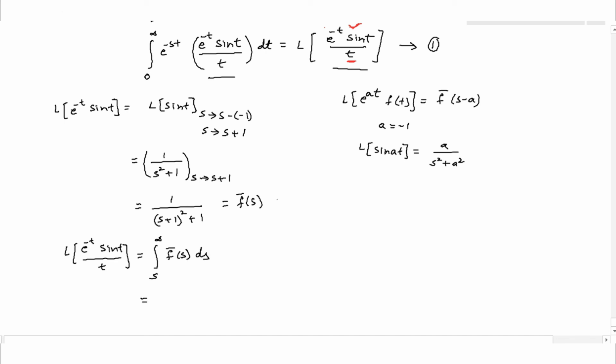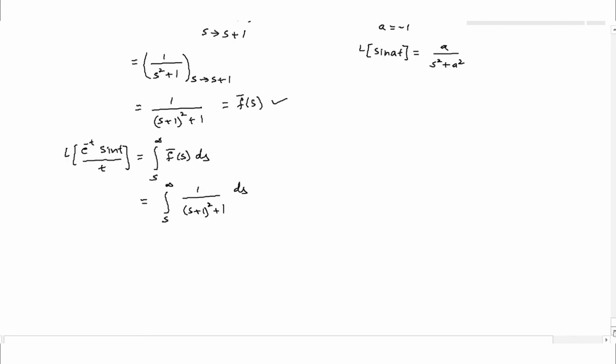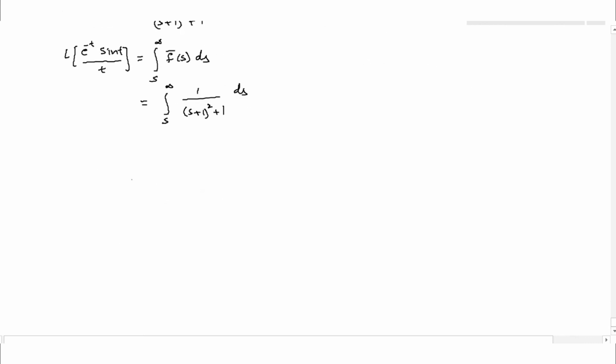We know the value of f bar of s, so we have the integral from s to infinity of 1 by s plus 1 whole square plus 1 ds. We know the integral of 1 by 1 plus x square dx is nothing but tan inverse of x. That's the basic integral formula we have.